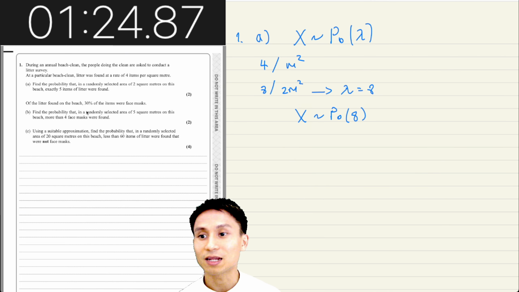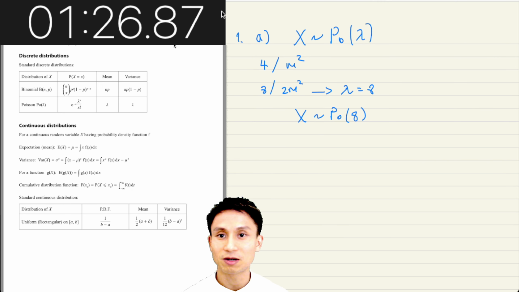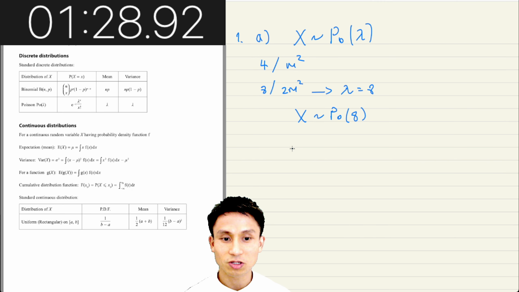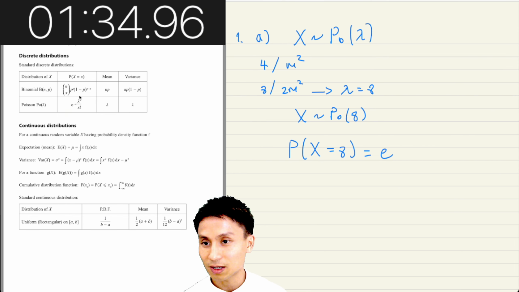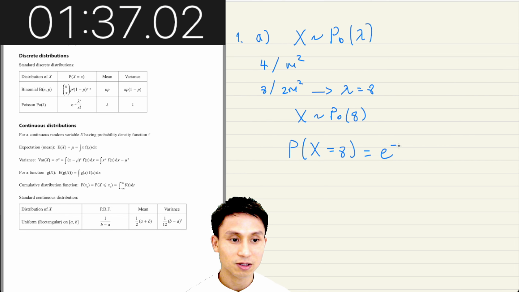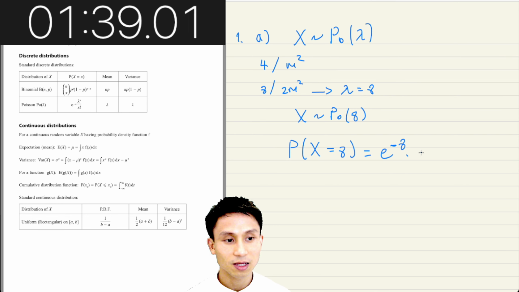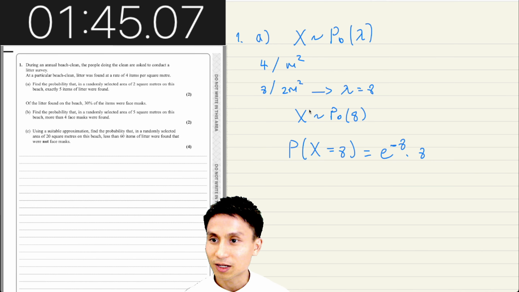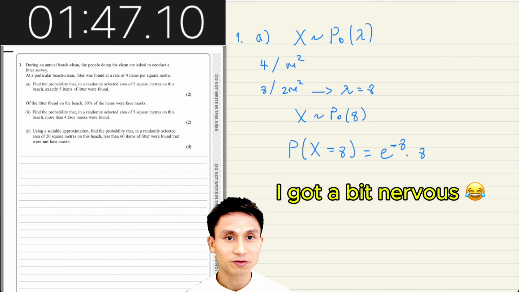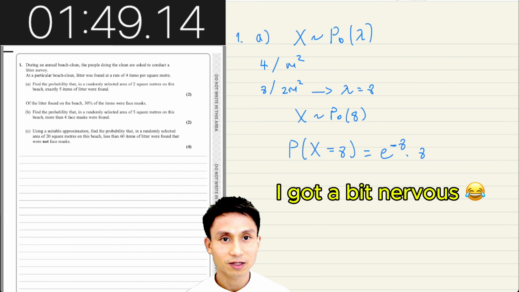And we want exactly 5 items, and then we find the probability of that. So I'm just going to use here P(X = 8) exactly. Wait, hang on. Sorry, it's exactly 5. So this is 5, not 8.